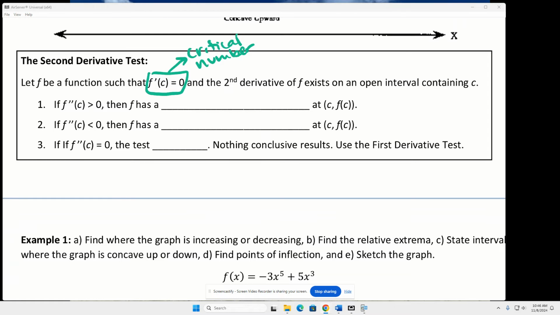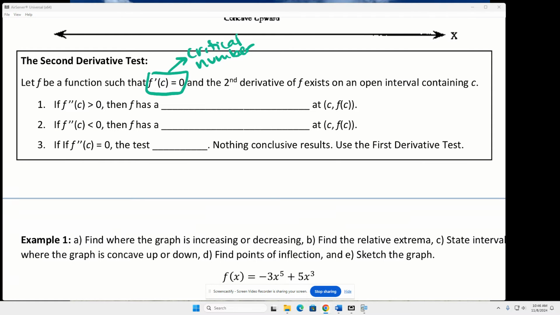And the second derivative exists on that interval containing c. If f double prime of c, so you plug c into the second derivative and you get a positive, does that mean that the graph is concave up or down? The second derivative is positive. Concave up. Is c going to be a relative max or min?